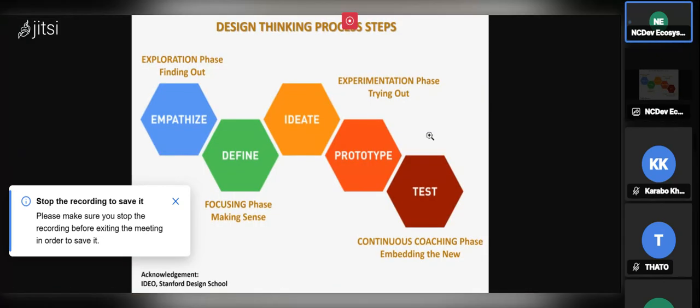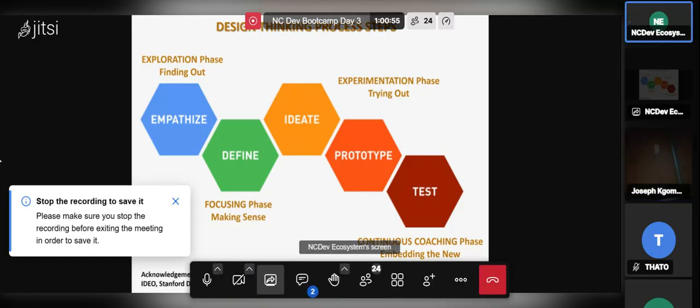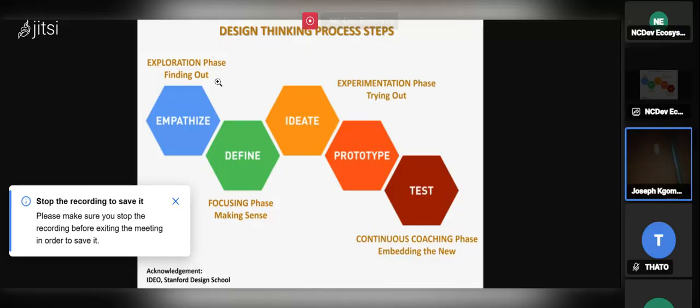Good, so here you are able to see now the design thinking process we try to use. We first empathize, meaning we understand what our customers' needs are and the problems they are facing. Then we're defining.